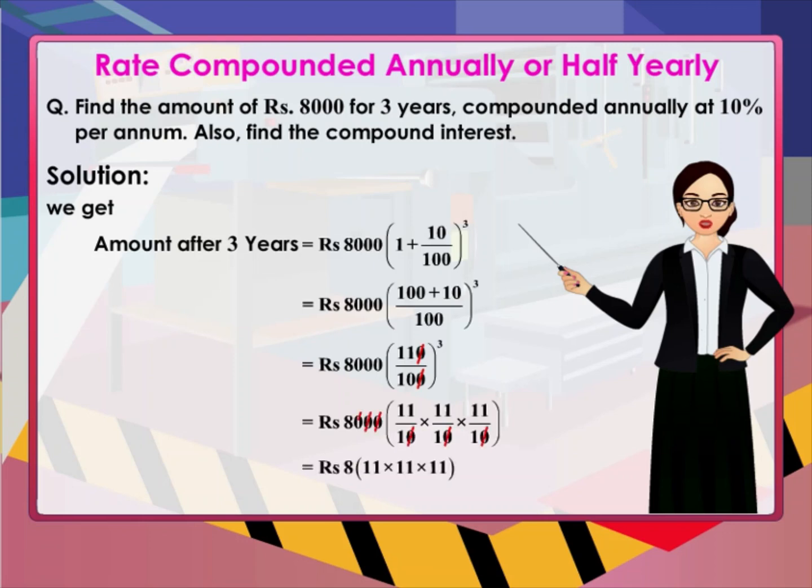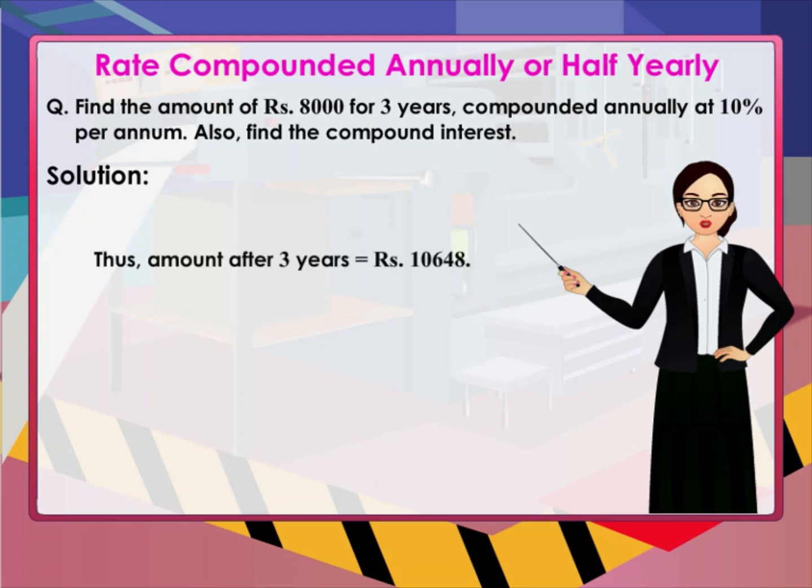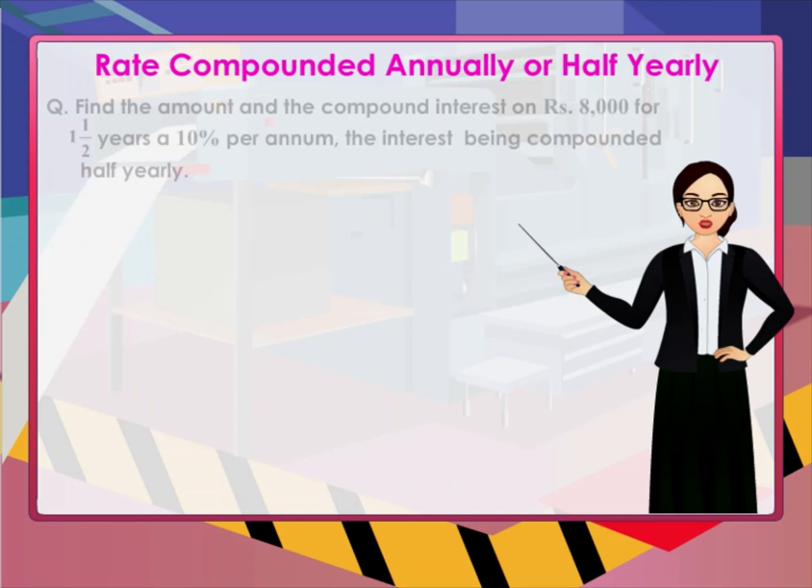We get 8 into 11 into 11 into 11. When we multiply this, we get rupees 10,648. To find the compound interest, subtract the principal from the amount. That is, rupees 10,648 minus 8,000. We get rupees 2,648.